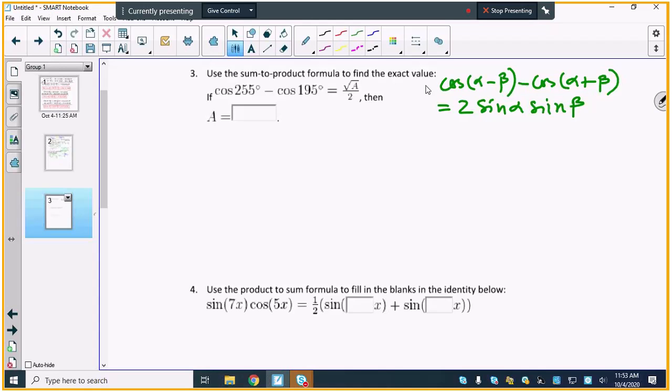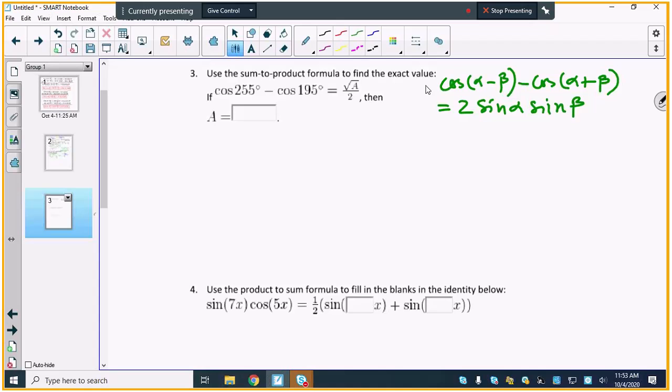We're going to work with this formula, but in order to find these values, what we will require first is identifying the angles alpha and beta. So let's work on that.